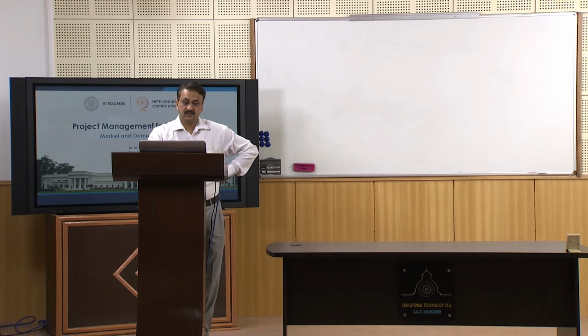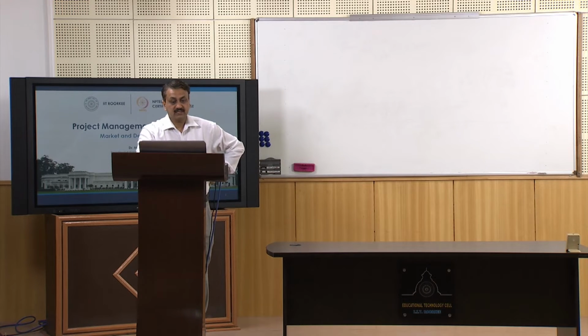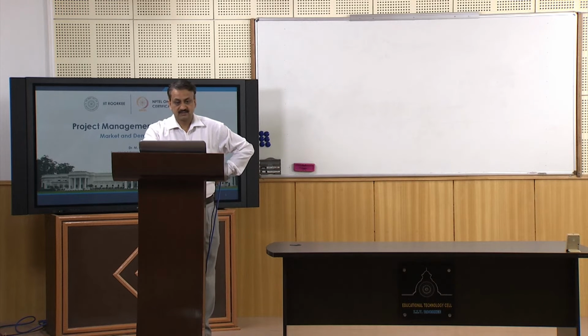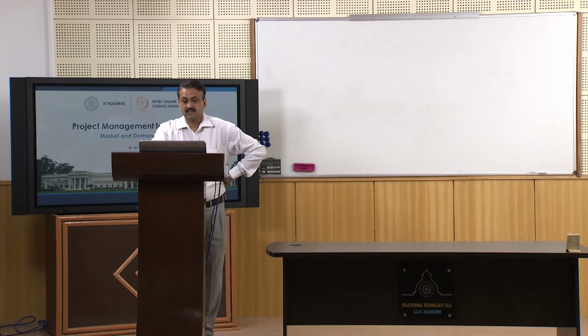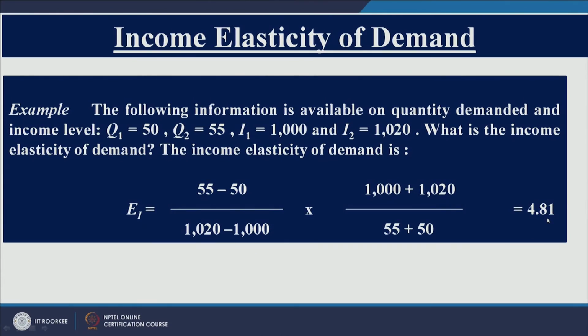So, this is very simple, income elasticity of demand, responsiveness of demand to variation in income, right. So, what we are saying is if there is 1 unit change in income, there would be 4.81 unit change in demand, right. So, this is the meaning of income elasticity of demand.